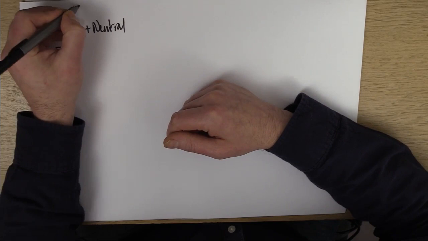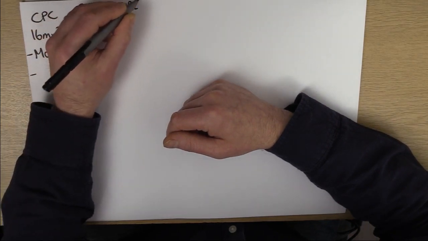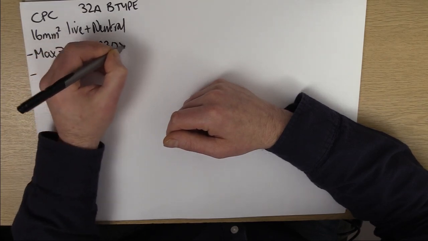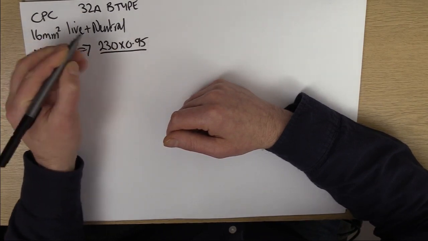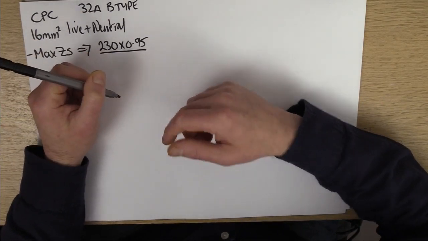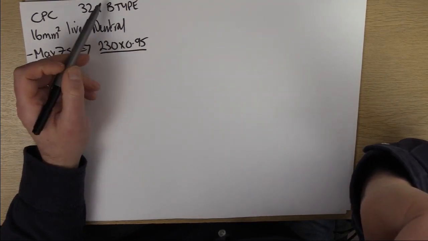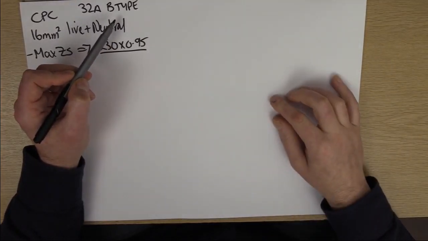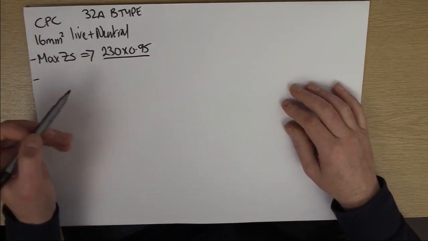Now we had a 32 amp B type, and I'll just do that equation again. It's IA, so it's the trip current required to trip the breaker instantaneously. And to get that, it's its rating times the multiplier based on whether it's a B type, a C type, or a D type.